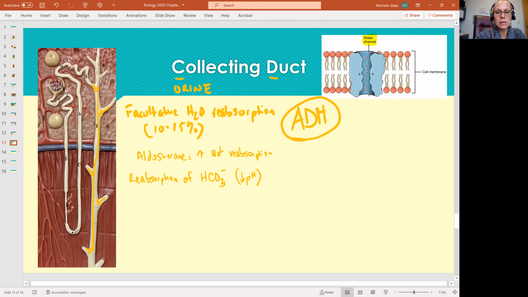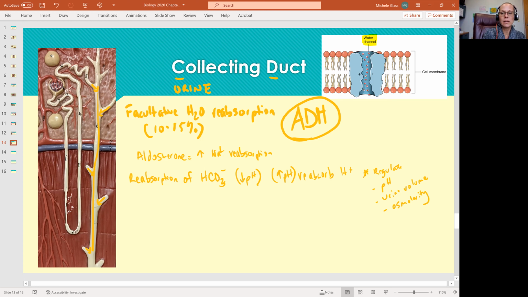And when our pH is high, then we're going to reabsorb hydrogen ion. So we can really say here help to regulate the pH of body fluids. We can also then say regulate. So let's say regulate pH. Let's say regulate urine volume. And let's say regulate osmolarity.